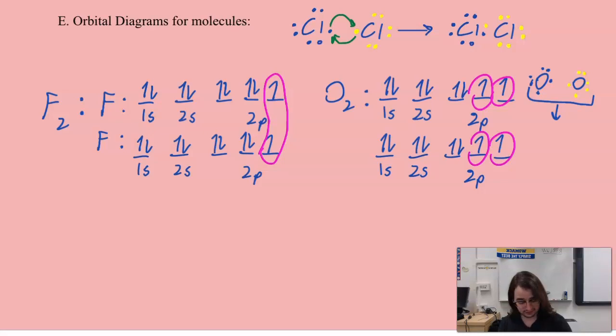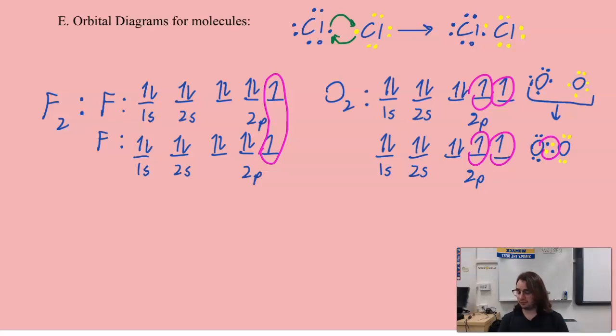So I would have one set of dots that are shared, and I would have another set of dots that are shared. And this is how the oxygens would behave around each other. And this is what we call a double bond, something that we'll talk about in a little more detail later. Notice that there are 4 electrons involved. Oxygen double bonds with itself.